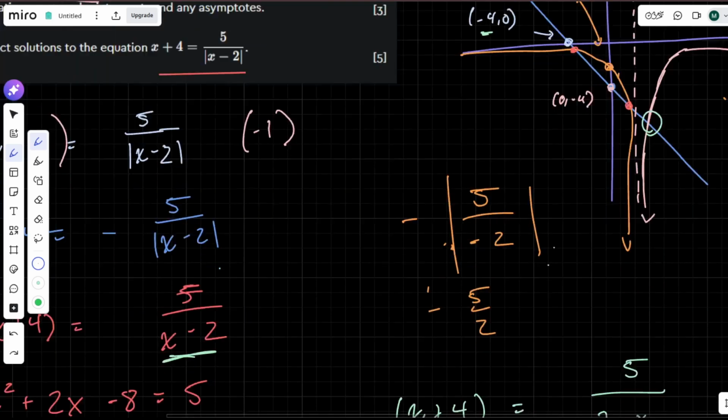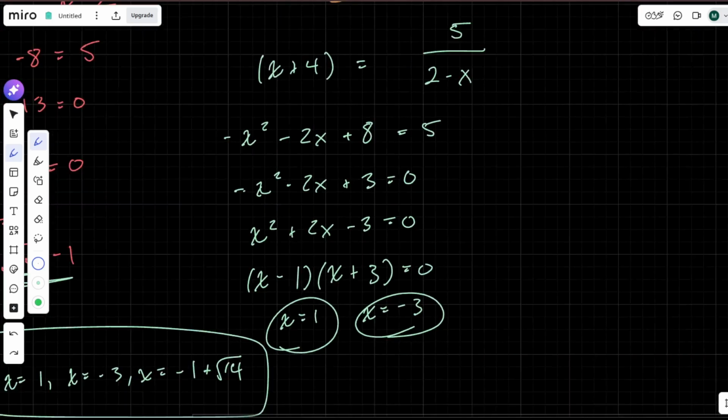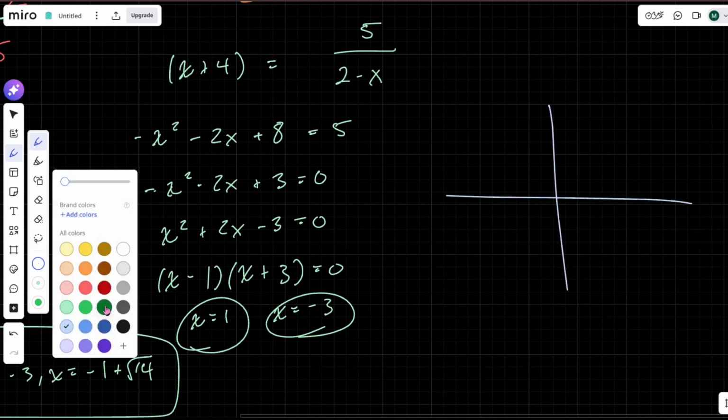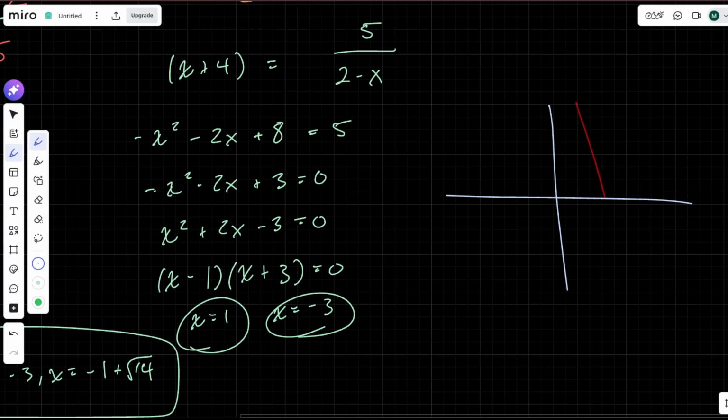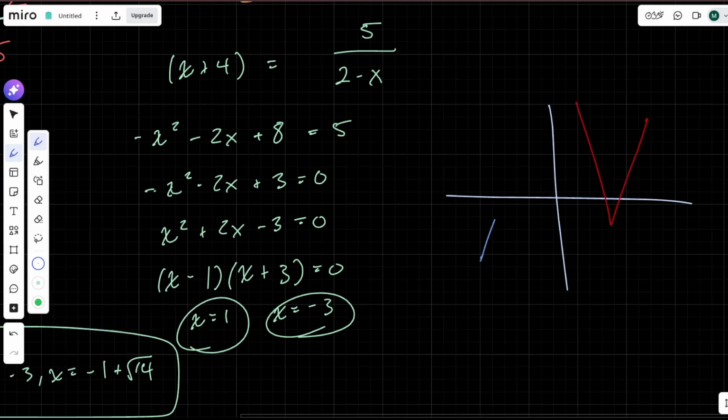So just to give you an example of what this can look like, I'll do it with a more standard V shape, right? When I do something like this, and we're looking for solutions where maybe it crosses a parabola like that, this is a beautiful parabola.